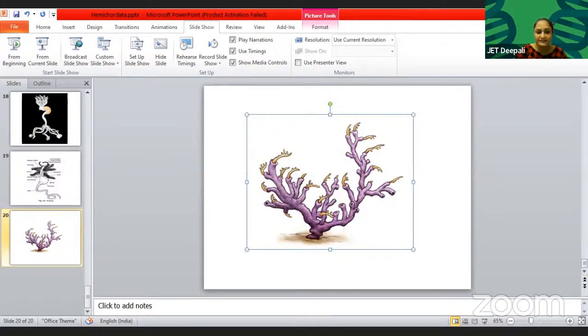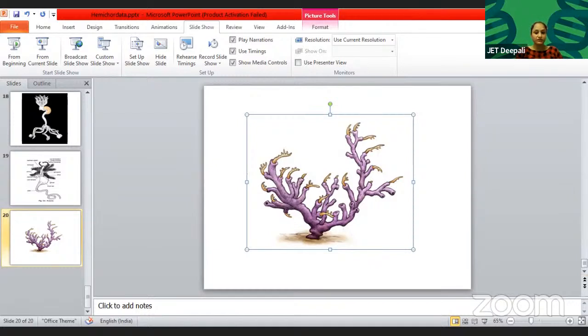Circulatory system, vessel, simple and open type, a contractile dorsal heart vesicle and two longitudinal vessels, one dorsal and one ventral. Excretion is by a single proboscis gland or glomerulus connected to blood vessels. Nervous system primitive, comprising mainly of an intraepidermal nerve plexus, means it's sort of nerve ring.